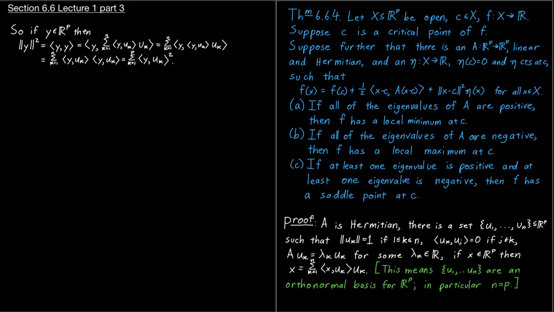And also this quantity that shows up in our theorem, the inner product of, well, I don't feel like writing x minus c, which is why I am using a y. Y is x minus c. That's the inner product of y with A of y.